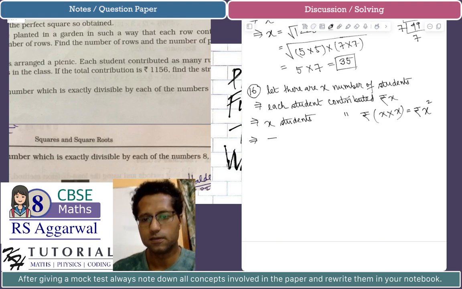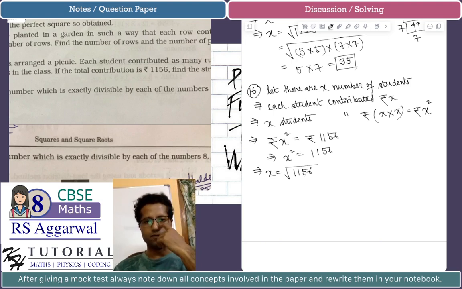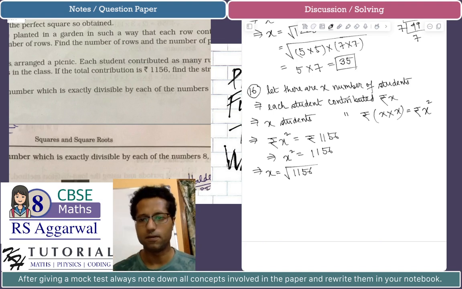So rupees x square is equal to rupees 1156. This implies x square is equal to 1156. This implies x is equal to root over 1156. So every word problem is boiling down to finding the square root of some number.